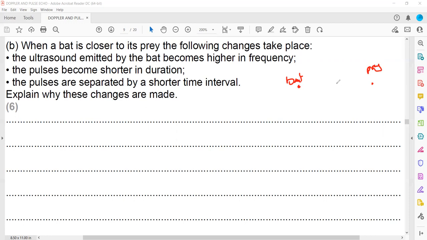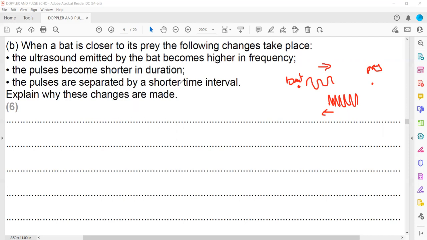Like the bat is sending the wave, what is sent by the bat and what the bat receives, that's having the higher frequency. That is one thing. And the pulse becomes shorter duration, like the time the pulse is sent and received becomes shorter.